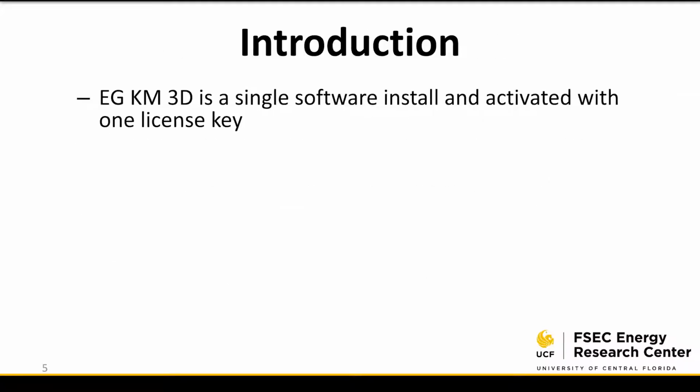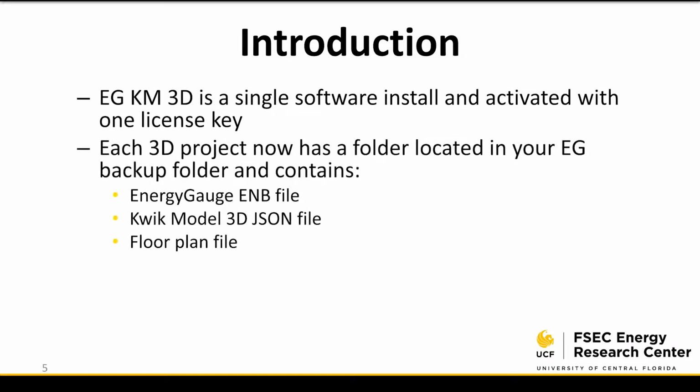As an introduction, Energy Gauge with Kwik Model 3D is all-inclusive in a single software install and activated with your single license key. Departure from the typical file format where we just had an EMB file, we now actually have a project folder.